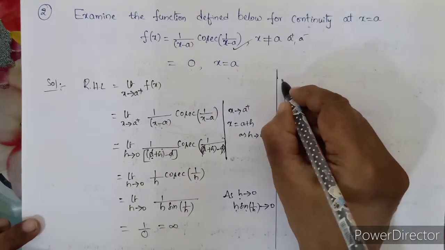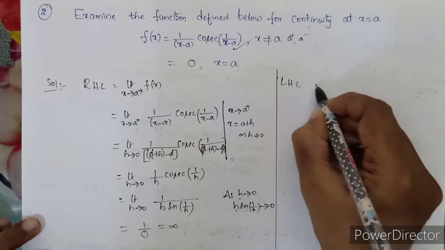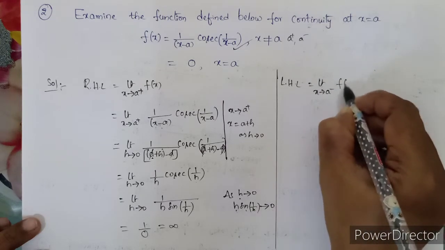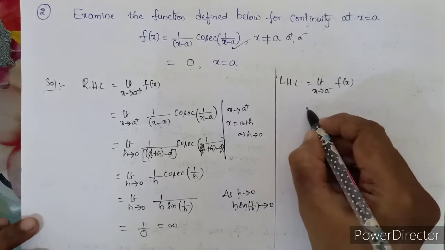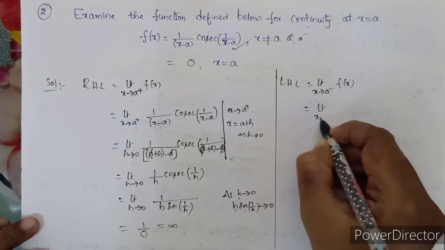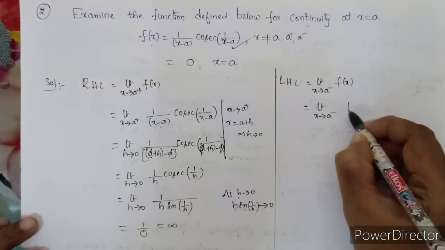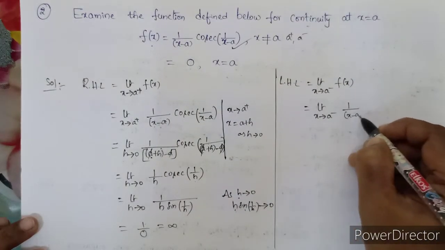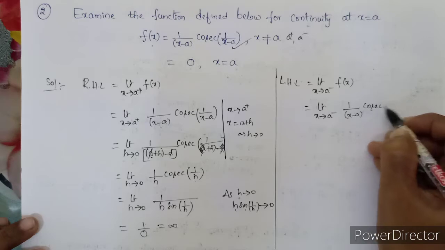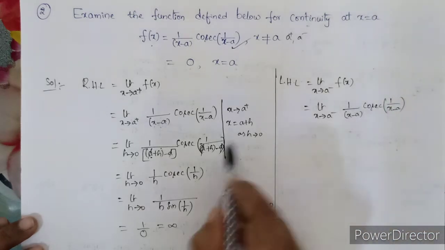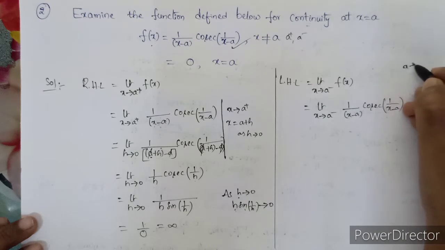Now, left-handed limit. Limit x tends to a minus, f of x. Here f of x is 1 by x minus a, cosecant of 1 by x minus a. We replace x as a minus h as h tends to 0.